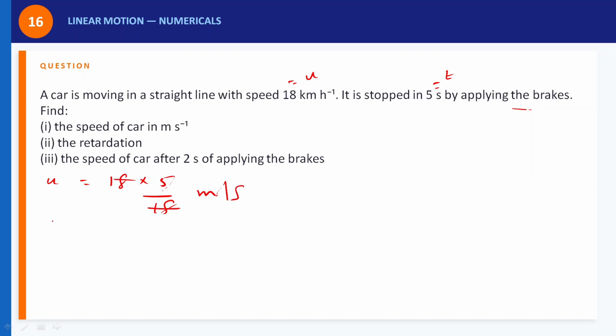The 18 gets cancelled, so u equals 5. For the retardation, let us consider the body finally comes to rest, so the velocity v equals 0.